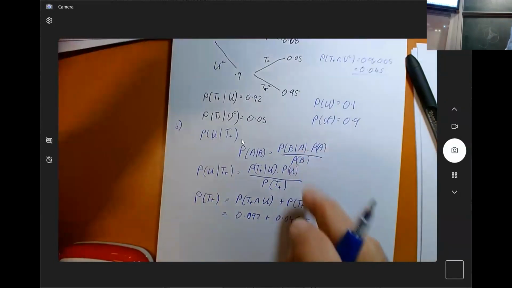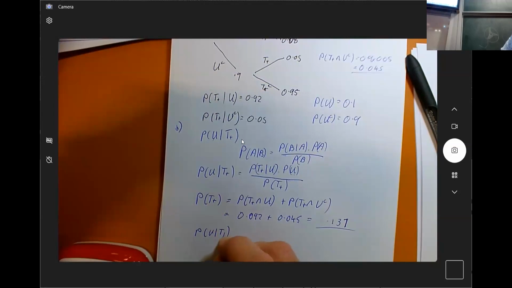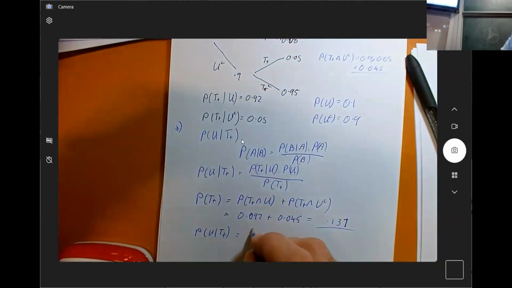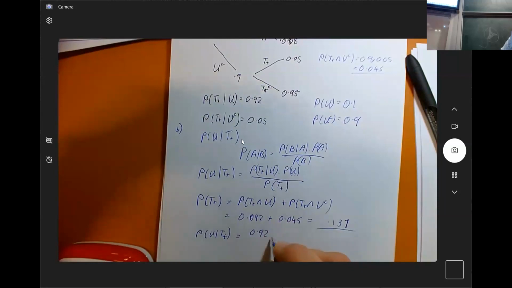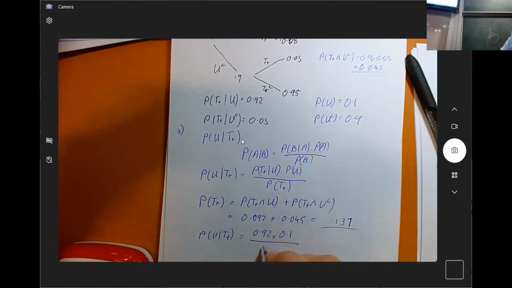So let's put these numbers in here. My probability of using given tested positive is going to be equal to 0.92 times by 0.1 on, I've already worked this number out, 0.137.